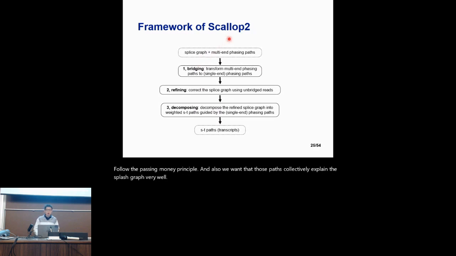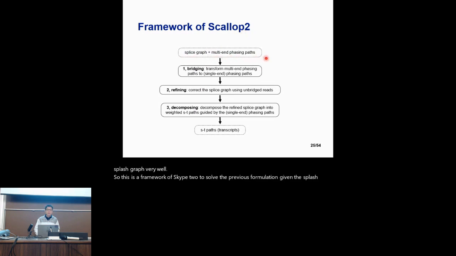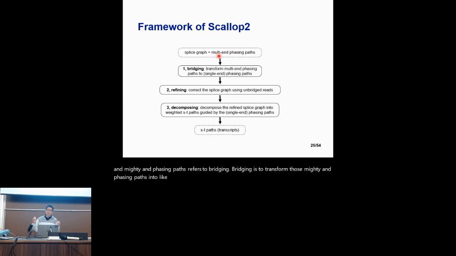So this is the framework of Scallop2 to solve the previous formulation. Given the splice graph and multi-end phasing paths, we first do bridging. Bridging is to transform those multi-end phasing paths into single-end phasing paths by closing the gaps between consecutive ends.